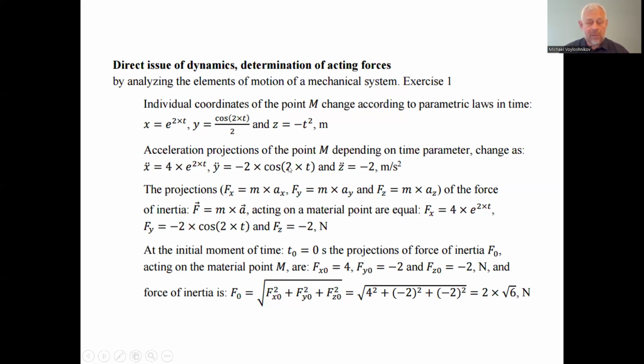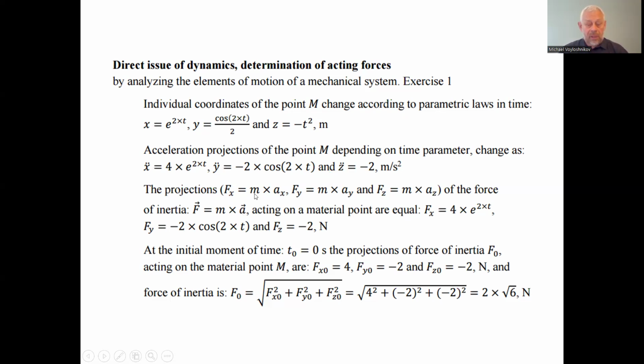And the second derivative of the applicate coordinate is minus 2. The minus remains from the original formula of the motion of the point.